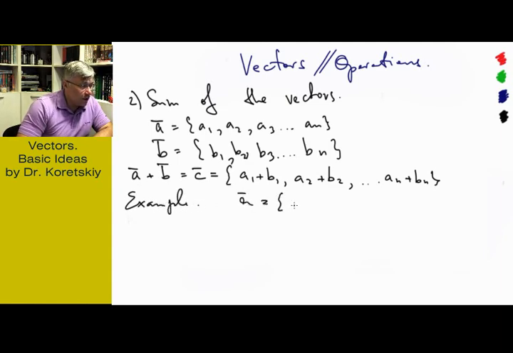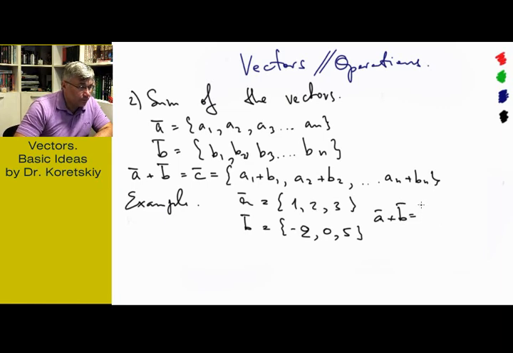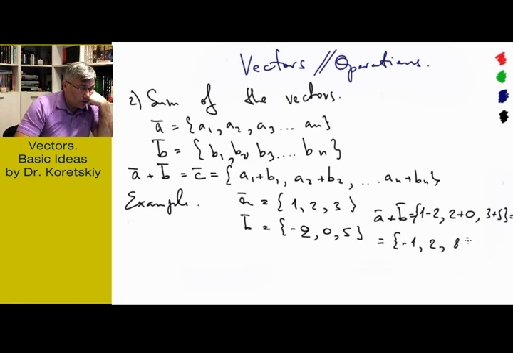Okay, an example here. For example, vector A has components 1, 2, 3, and vector B has components minus 2, 0, 5. Addition of two vectors A plus B gives 1 minus 2, 2 plus 0, and 3 plus 5, so it gives minus 1, 2, 8.